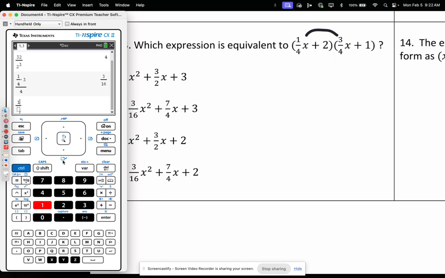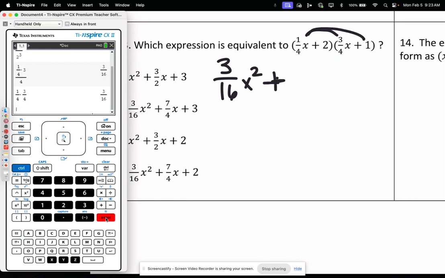I apologize. 1/4, we have to do control divide first, times, and then control divide, 3/4. Having some technical difficulties there. 3/4. There we go. So 3/16, and remember x times x is x squared. 1/4 times 1 is just positive 1/4.